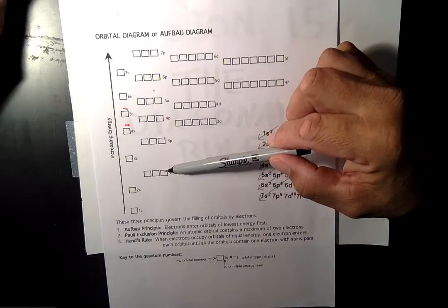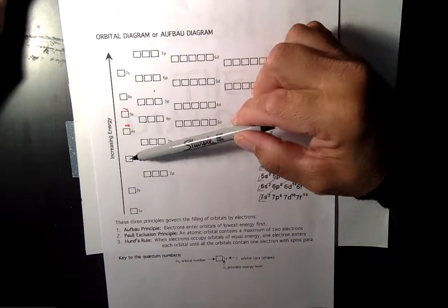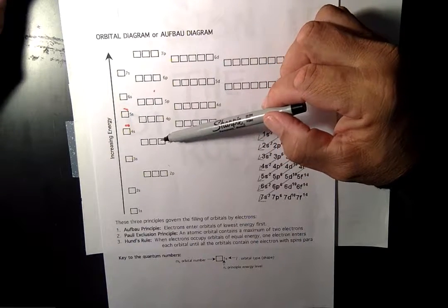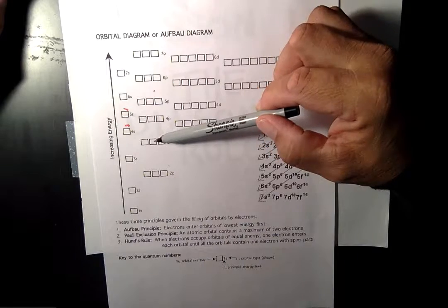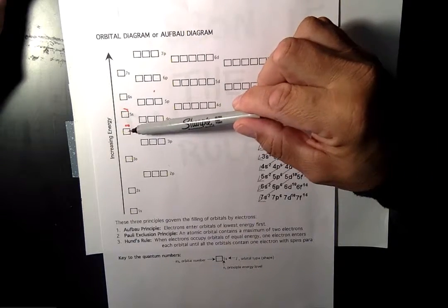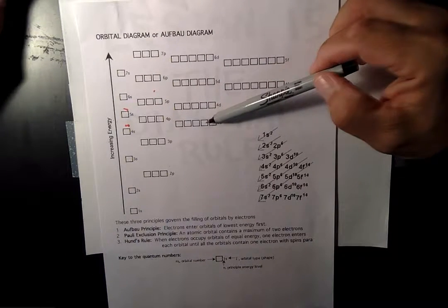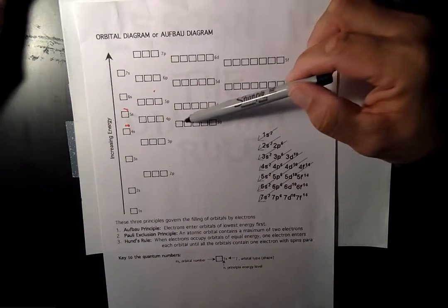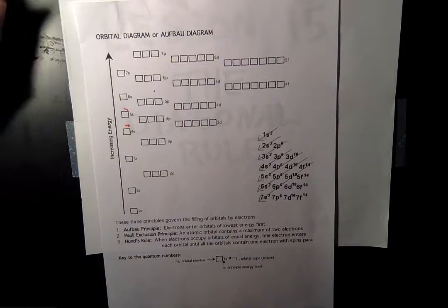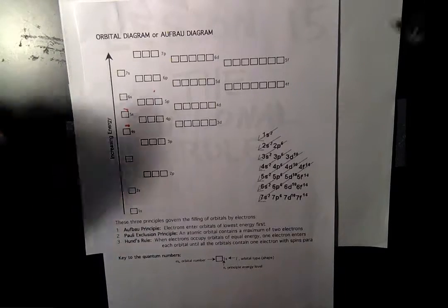Down, down, down. On the 3s is 1 up, then 1 down. On the p, once again, is 1 up, 1 up, 1 up, then 1 down, 1 down, 1 down. 4s, 1 up, 1 down. 3d, 1 up five times, then 1 down five times. That's how they enter. These are using the principles listed down here.